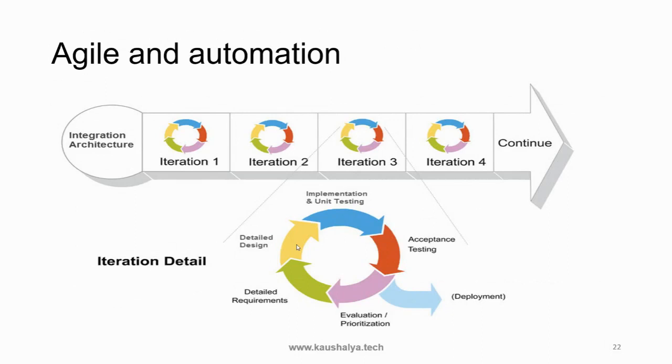So as we go with this continuous automation, it is very essential that the testing team be part of it. They see the requirements, start understanding them, and start writing the test script, right? So they are there from the beginning of the process or the beginning of the development.